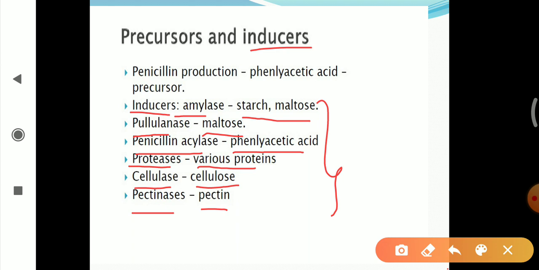Precursors do not take part in the growth of the microorganism but support product production, whereas inducible enzymes are synthesized only when the particular inducer is present. For example, if there is pectin as an inducer, then pectinase enzymes will be synthesized.